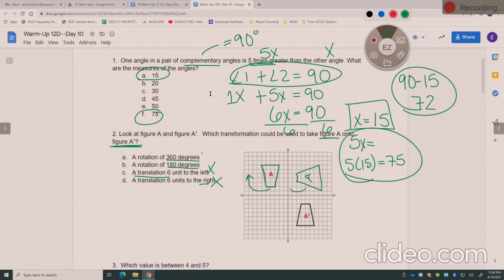Now if I take this shape and I turn it again another 90 degrees, that's going to give me that shape. So that is what I want. One 90-degree turn here and one 90-degree turn here. So that's going to give me turning 180 degrees. If I would turn it 360 degrees, it would be back where I started. Okay, so that is 1 and 2.